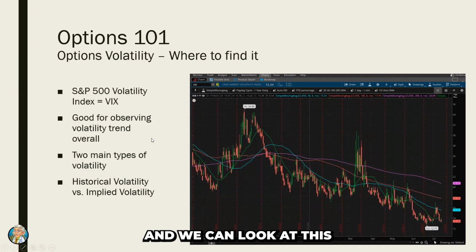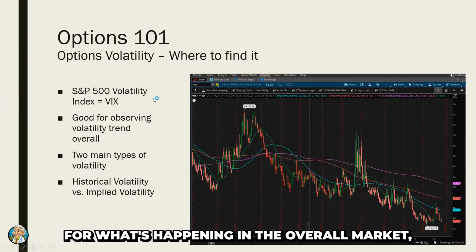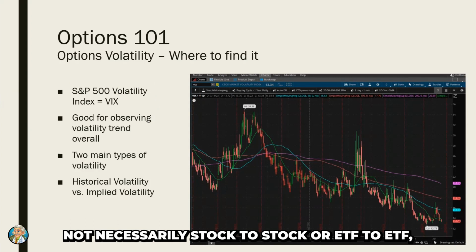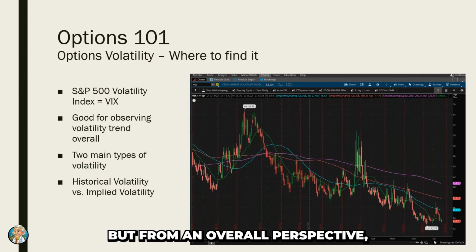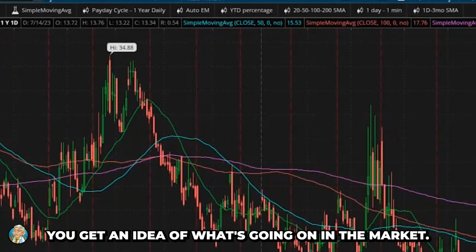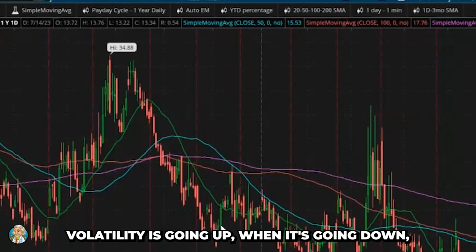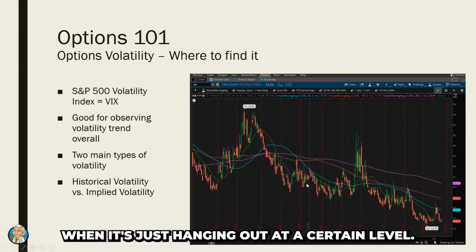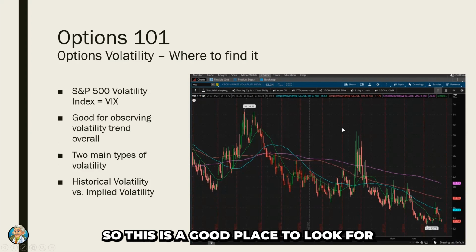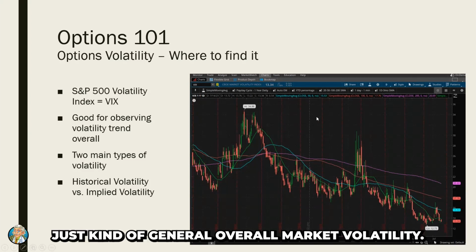And we can look at this just to get a general trend for what's happening in the overall market. Not necessarily stock to stock or ETF to ETF, but from an overall perspective, like the 30,000 cruising altitude perspective, you get an idea of what's going on in the market. You can see when the overall market volatility is going up, when it's going down, when it's just hanging out at a certain level. So this is a good place to look for just kind of general overall market volatility.